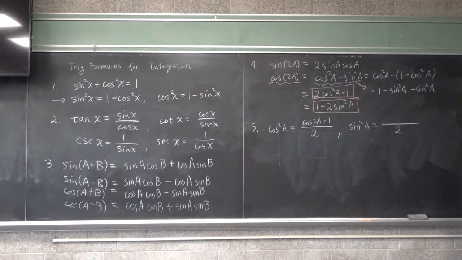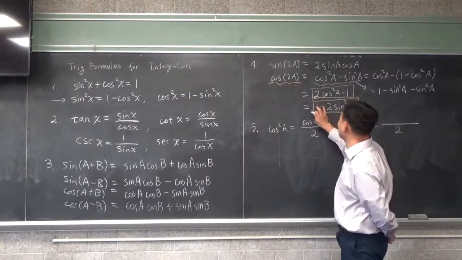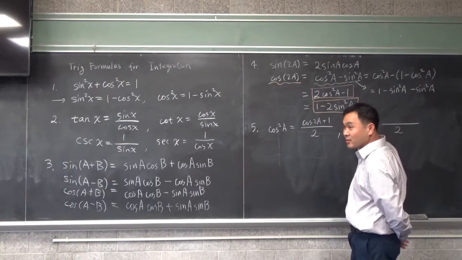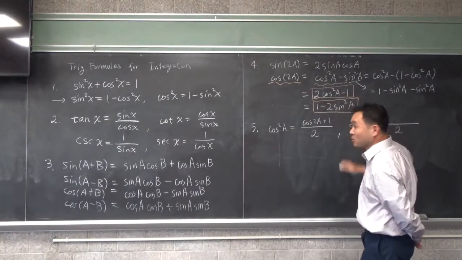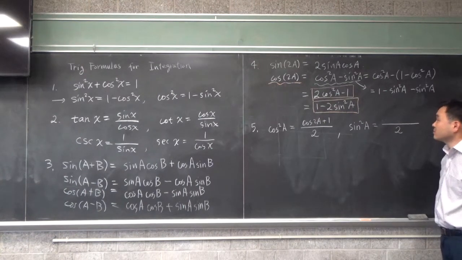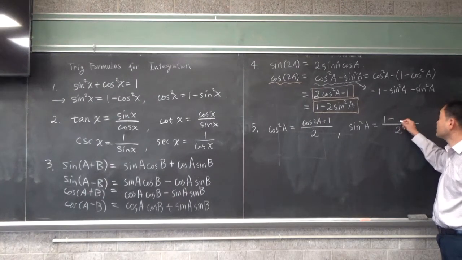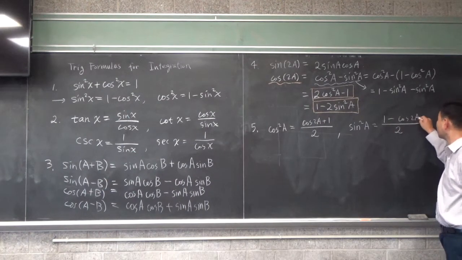No, you have cosine 2a equals 1 minus 2 sine squared of a, right? You're solving for sine squared of a. What do you get? Which you minus 1. Divide by. Okay.